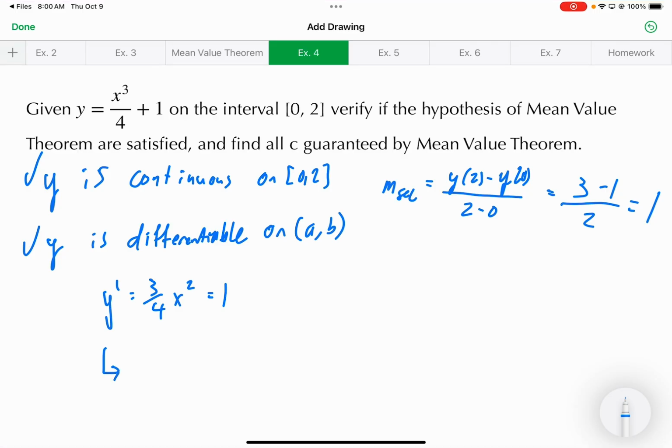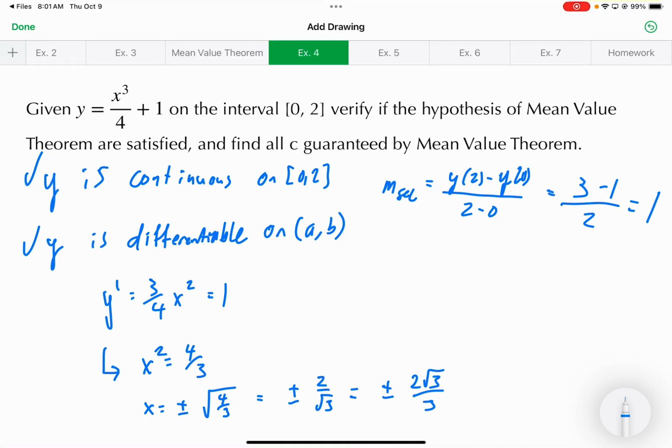Multiply both sides by 4/3, so x squared equals 4 over 3, and then I would take the square root, x equals plus or minus square root of 4/3, or plus or minus 2 over square root of 3, or get crazy and say plus or minus 2 square root of 3 over 3, if we rationalize it.